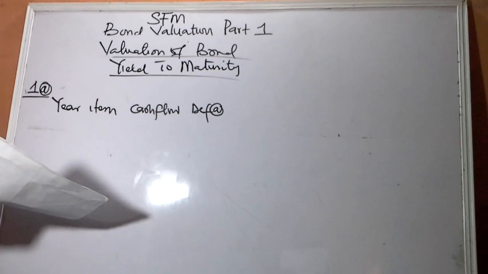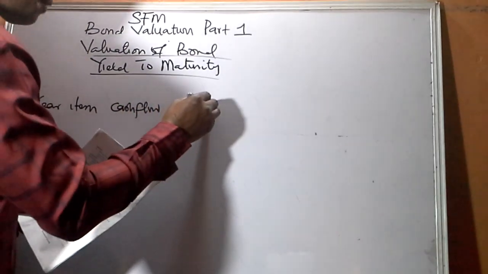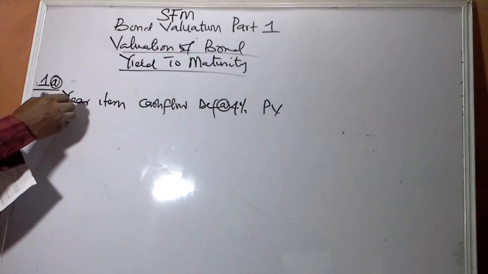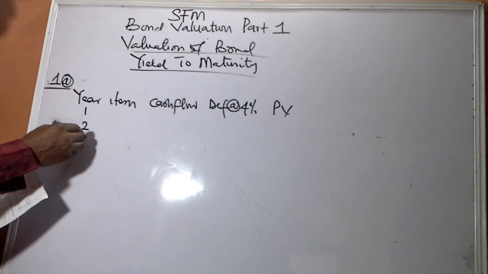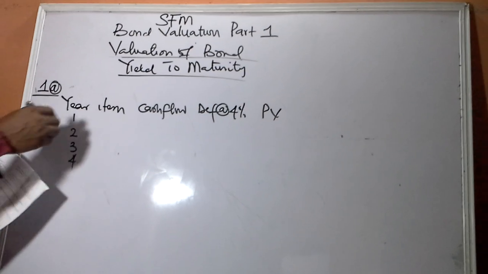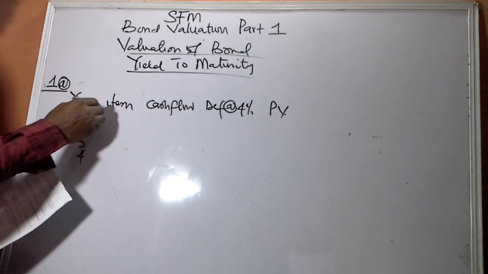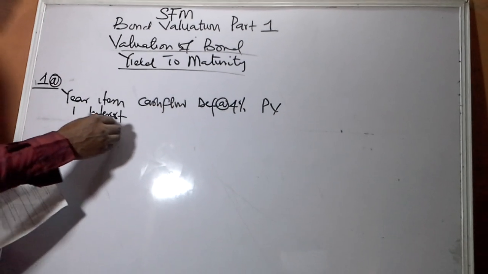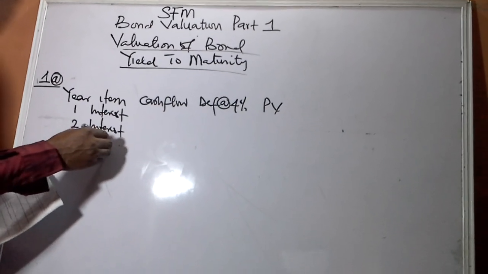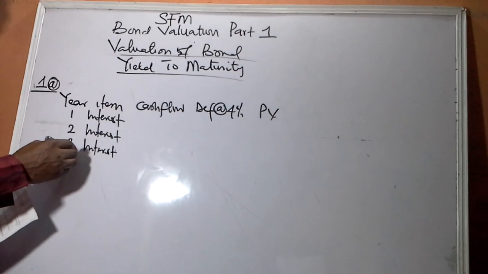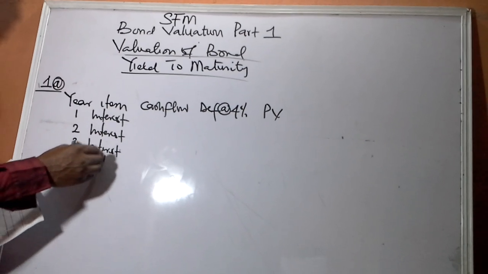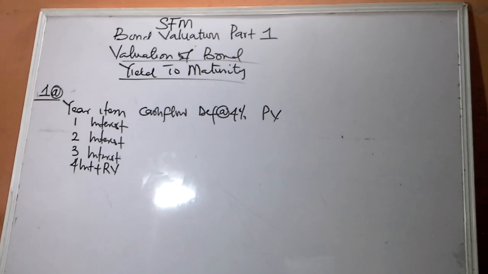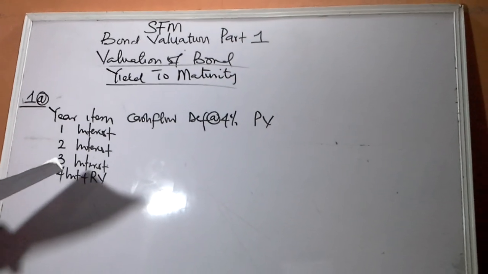You are to discount it at the yield, that is 4%, and you have the PV. Now, it asks for year 1, year 2, year 3, year 4. So in year 1, you get your coupon interest. Year 2, interest. Year 3, interest. Year 4 is your interest plus the redemption value, because in year 4, you still get the interest and the amount you have invested.